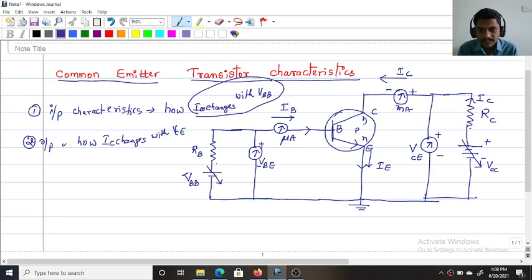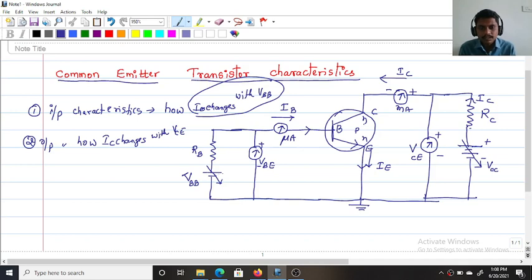This is the base voltage, a battery VBB, and it is a variable battery.